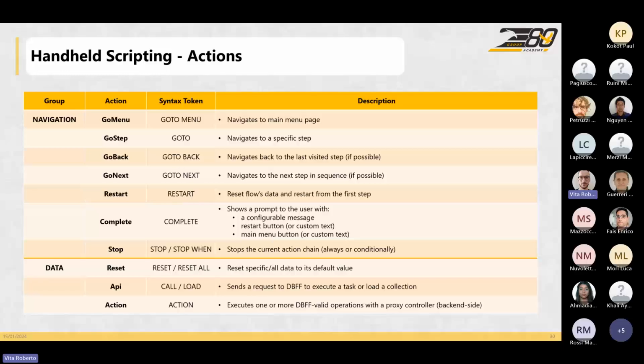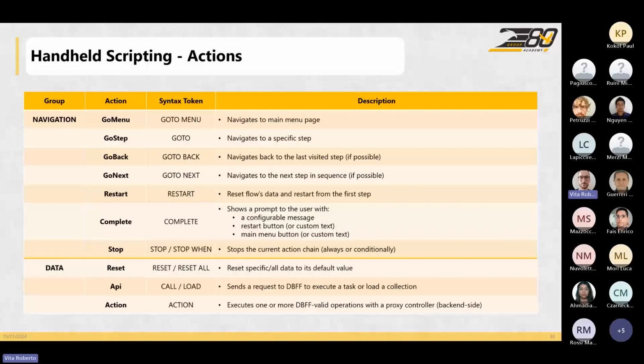Then we have data actions. Reset or reset all is useful to reset specific or all data from a flow, and we get these variables back to their default value. We can, of course, send a request to Dynamic-BFF to execute a task, or for example, load a collection. We can use call or load.